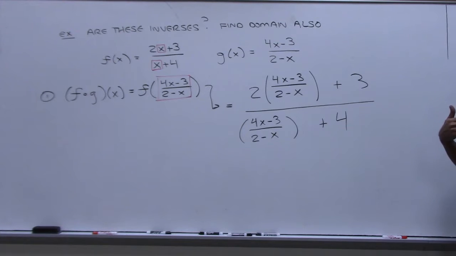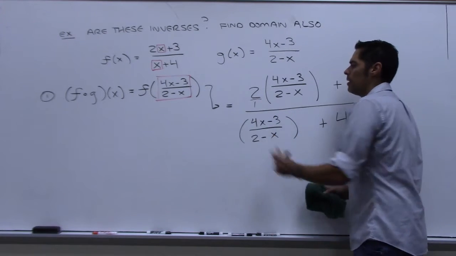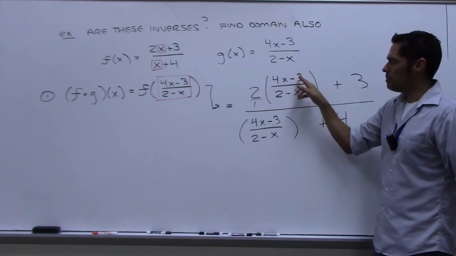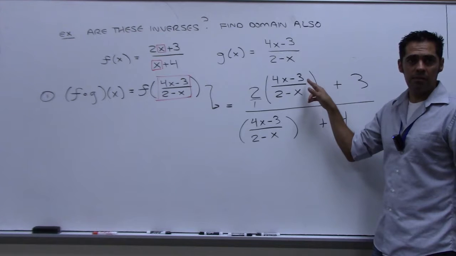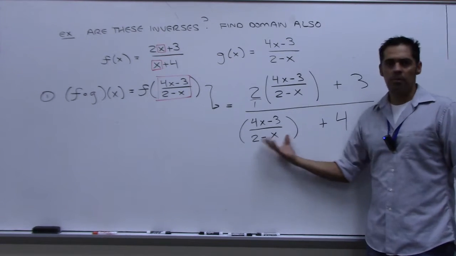So what I'm going to choose to do here, and there are different ways of doing this, this is just what I'm going to choose. I'm going to take this 2, which is really like a 2 over 1, and distribute the 2 through the top to make that an 8x minus 6. And then I can drop the parentheses. Down here, I can just drop the parentheses right now.